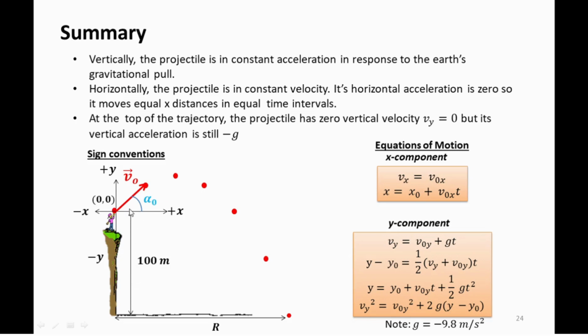The range is also measured from the initial x position, which is x equal to 0, towards the positive x-axis. Also, you have to memorize here the kinematics equations for the x component and the y component of the projectile motion.